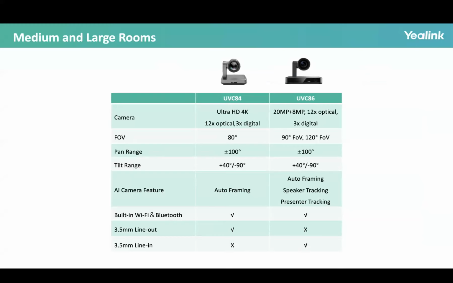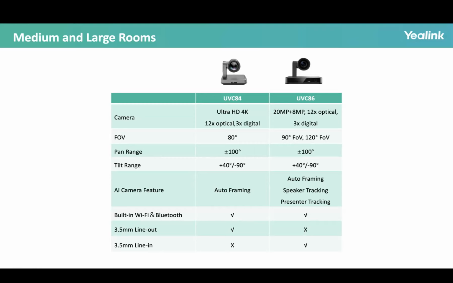And these are the medium and large room cameras. So again, these all are 4K cameras, and right now these all can be mixed and matched. So for example, if you have a big meeting room which requires multiple coverage, you can have two of UVC84 or one of UVC84 and 86 both connected to your AV hub, and achieve that result.